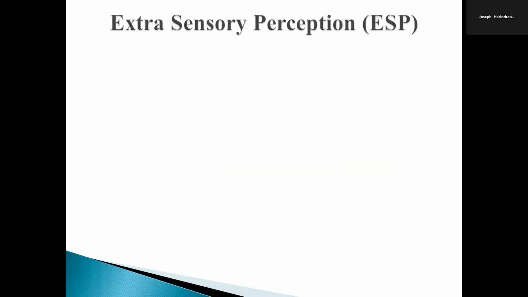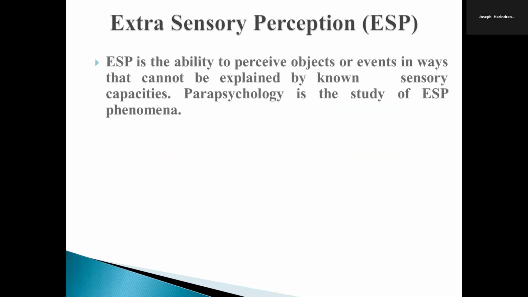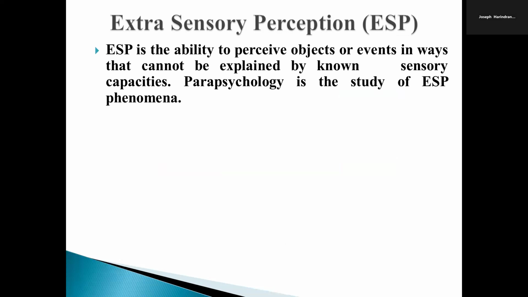Next, we have extrasensory perception or ESP. ESP is the ability to perceive objects or events in ways that cannot be explained by known sensory capacities. Parapsychology is the study of ESP phenomena. It is rather complex and cannot be explained by known sensory capacities.